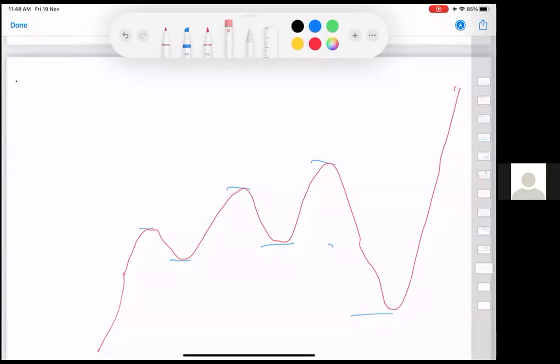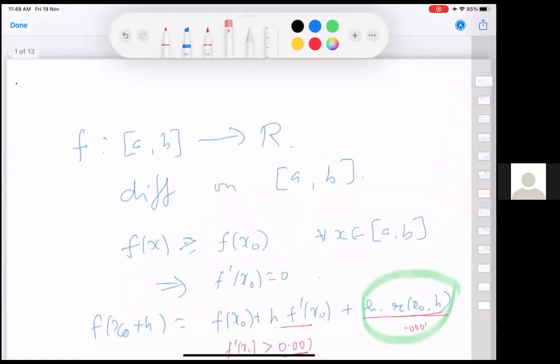Sir, while you were doing this, I was thinking about the picture you had drawn to show that when there is an inflection point, the derivative is going to be positive, then go to 0 and then positive again.